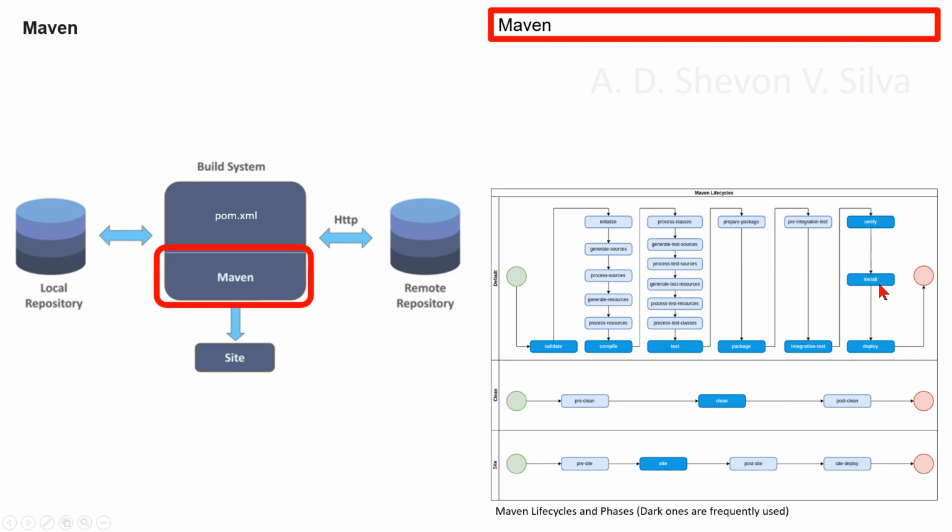Then install: install the package into the local repository, for use as a dependency in other projects locally. Deploy: done in an integration or release environment, copies the final package to the remote repository for sharing with other developers and projects.